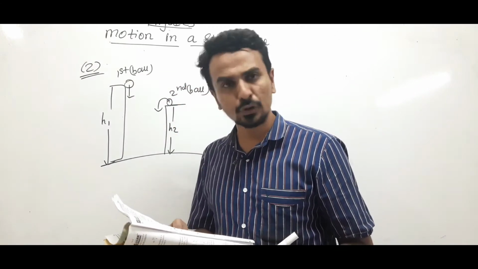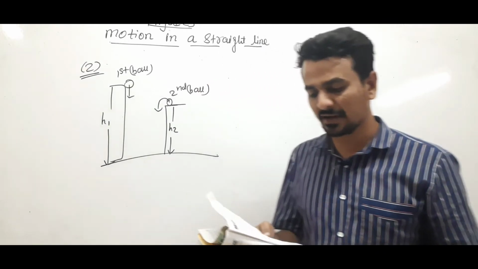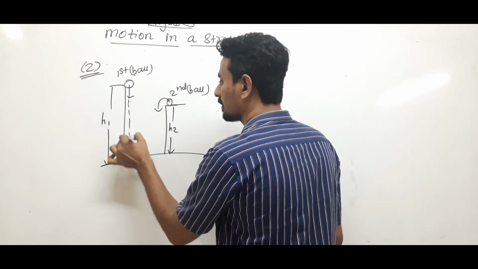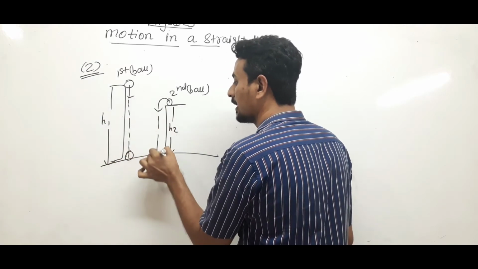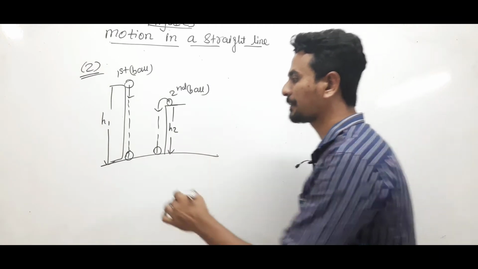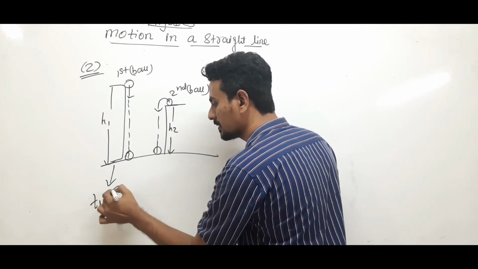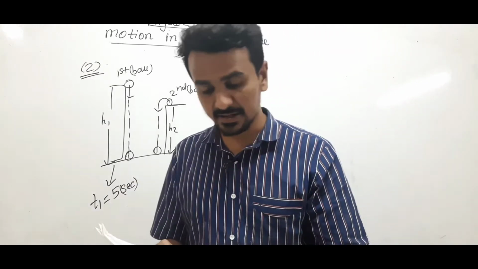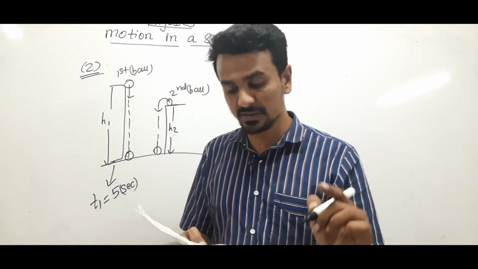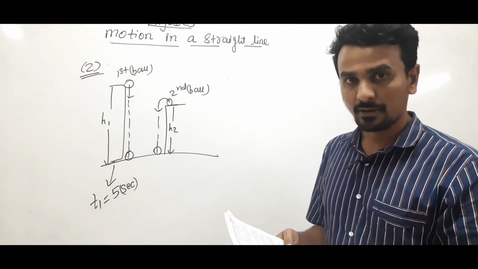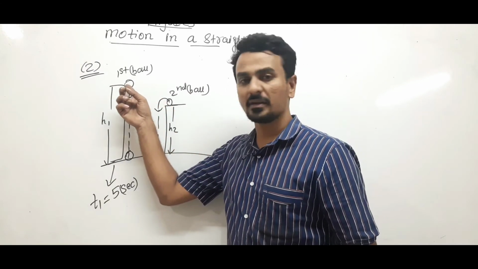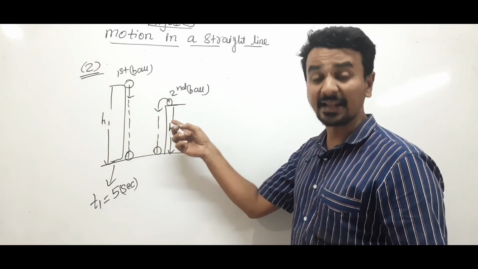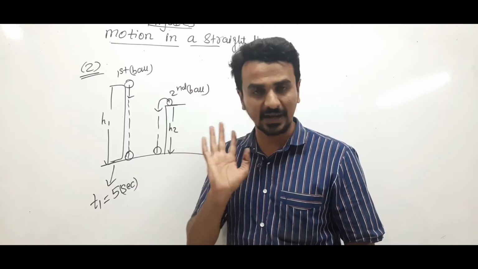Now if both the balls reach the ground simultaneously after 5 seconds, the time taken by the first ball is 5 seconds. In the question it has been given that the second ball is dropped 2 seconds after the first ball, and they reach the ground at 5 seconds.